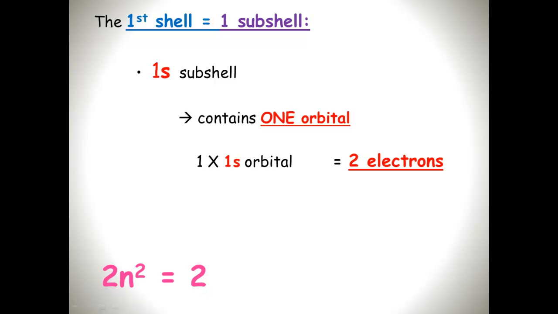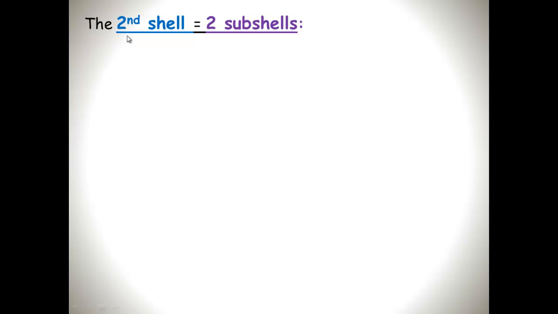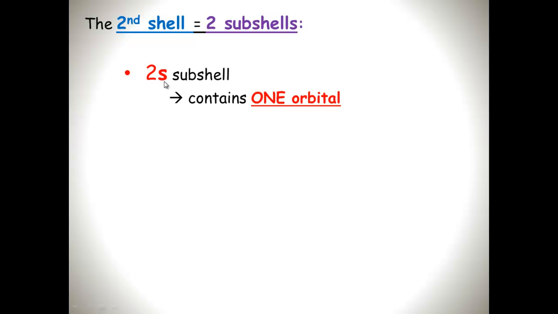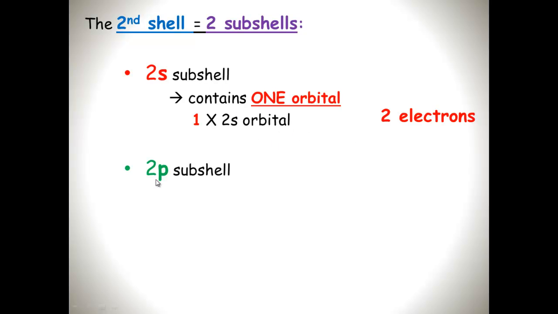Let's have a look at shell 2. So the second shell contains 2 subshells. The first of those is the 2s subshell. The s subshell always only contains one orbital because it's an s subshell. So each of those orbitals can contain 2 electrons, so we have a maximum of 2 electrons in that subshell. The second subshell is the p subshell.